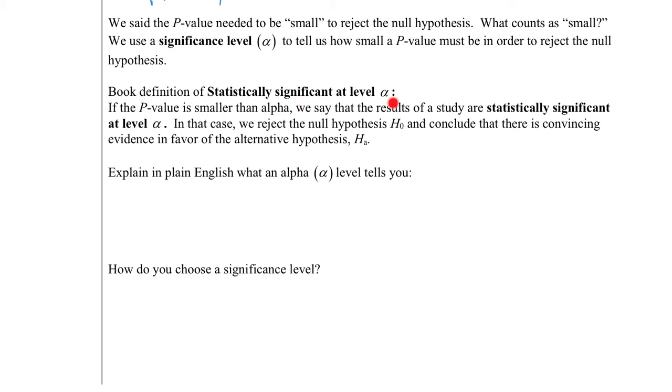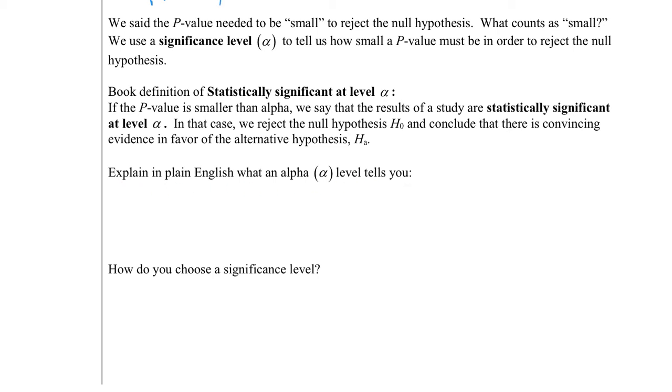So the book definition says this: if the p-value is smaller than alpha, we say the results of a study are statistically significant at that level. In that case, we reject the null hypothesis and conclude there is convincing evidence in favor of the alternative hypothesis.